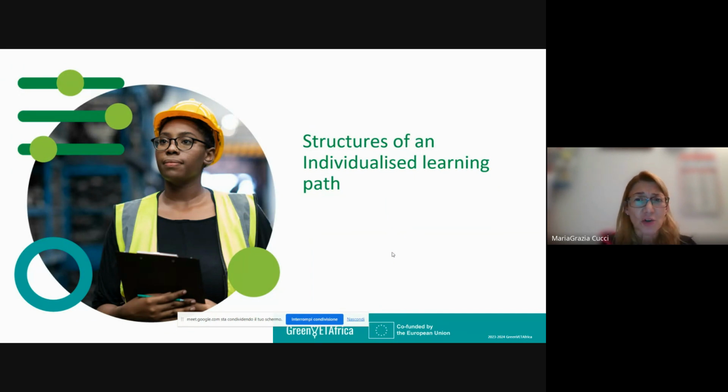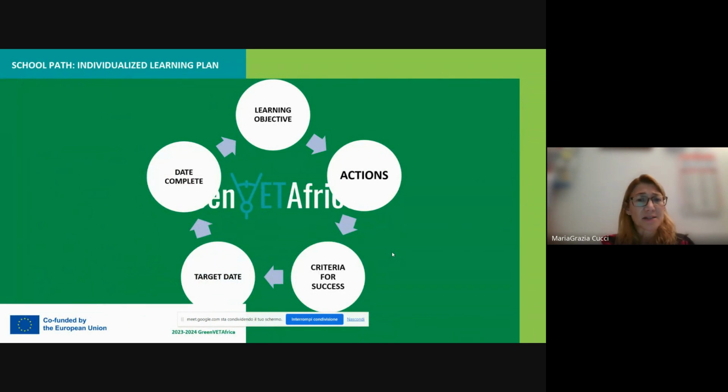So the structure of an individualized learning path is very similar to the one that we saw at the beginning. We start from a learning objective, which is specific to our subject, or specific to be achieved by the WBL.